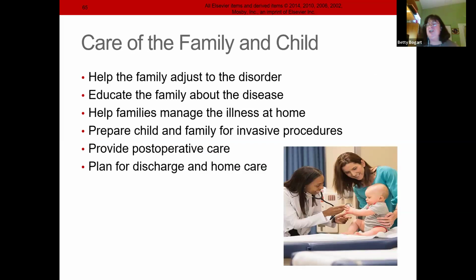Now, cardiac kids are congenital. Cardiac kids will have this lifelong condition. Parents and children are going to have to take care of themselves. And I'm going to tell you, cardiac parents are probably some of the nicest, sweetest people you'll ever meet. It always seemed that way, that the nicest family has very sick cardiac children.